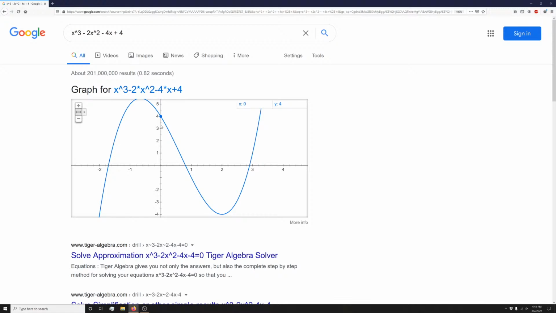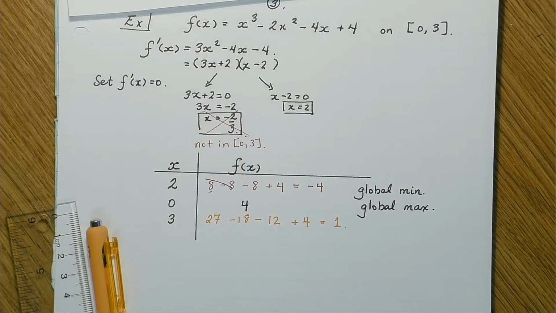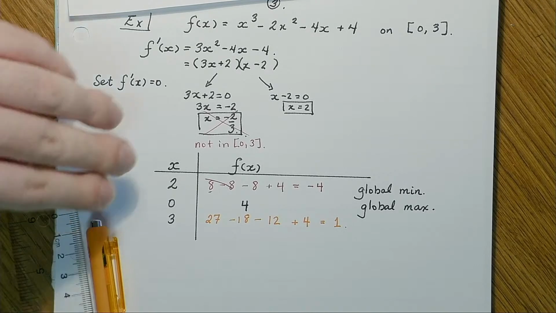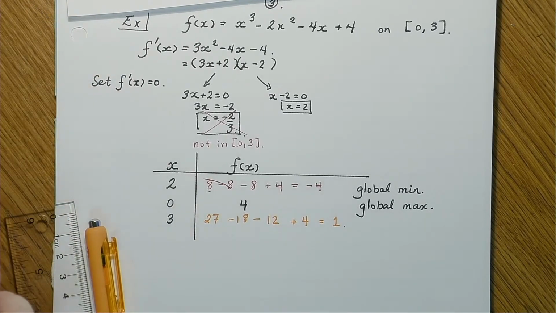So again, it depends on our interval. We can actually pick what we're going to look at, and that will give us our global max and min, yeah, exactly. Okay, so if we have that graph. So I did that graph, a little graph there.